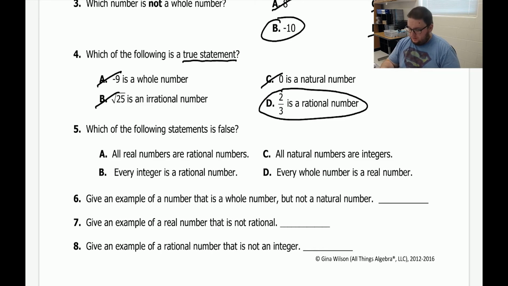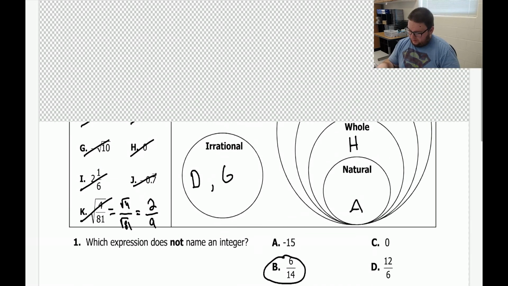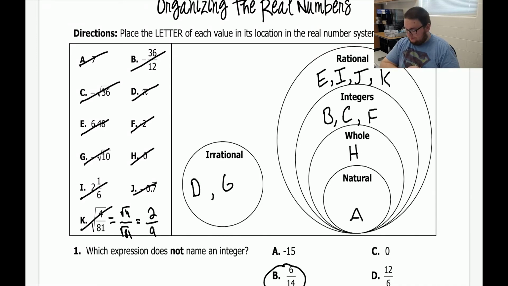So before we answer this one, let's go back up to this picture right here. The reason that we have the circles inside of each other is because if we look at the natural numbers, they exist inside the whole. We're adding something to the natural numbers to get the whole numbers. And then if we add something else to the whole numbers, we get the integers.